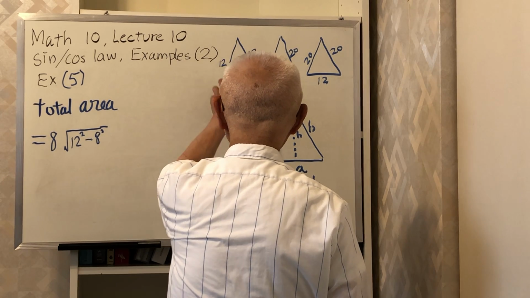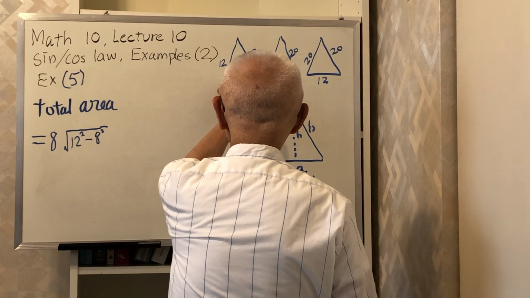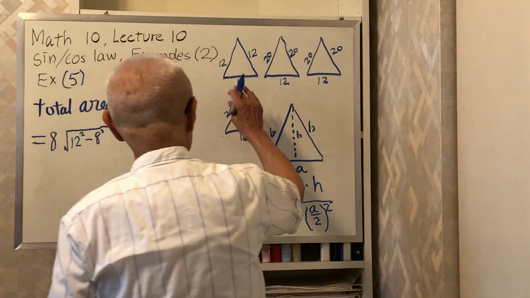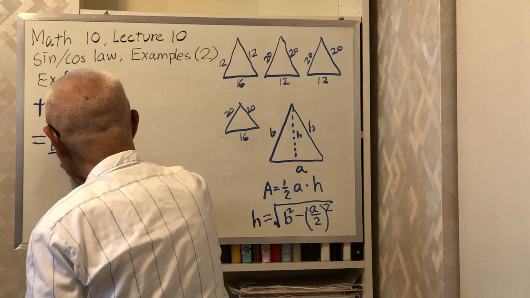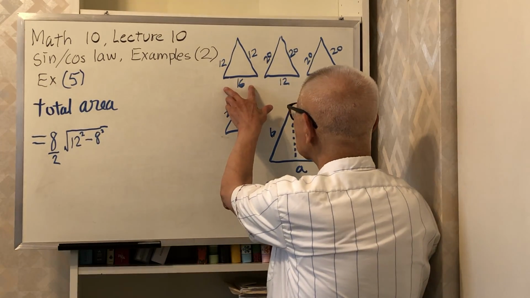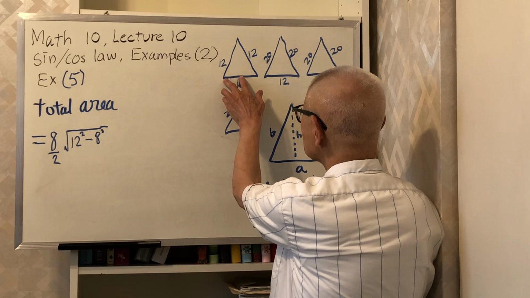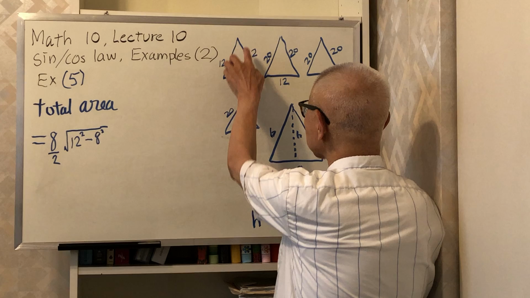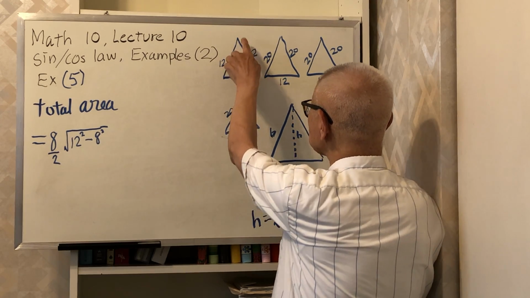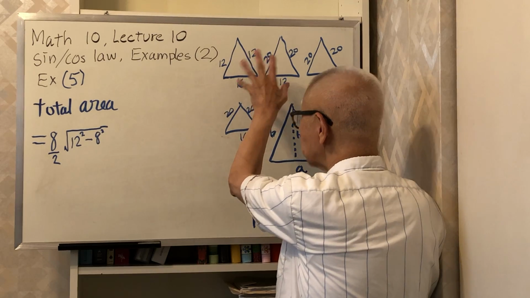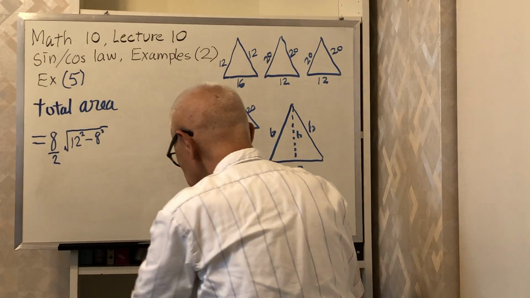So this is 1/2 of the base times this. This is 8. But the area is 1/2 the base, which is 8, times height. This is the area of the triangle. But I want the area of this triangle, so you have to multiply by 2. So the 2 cancels.